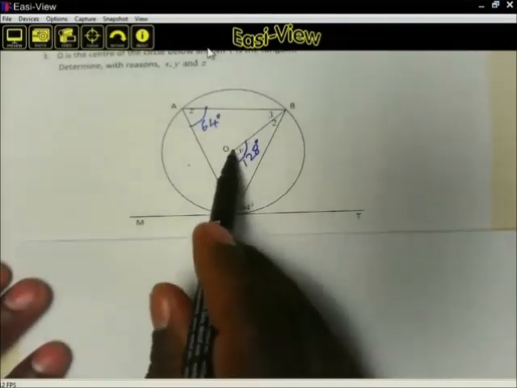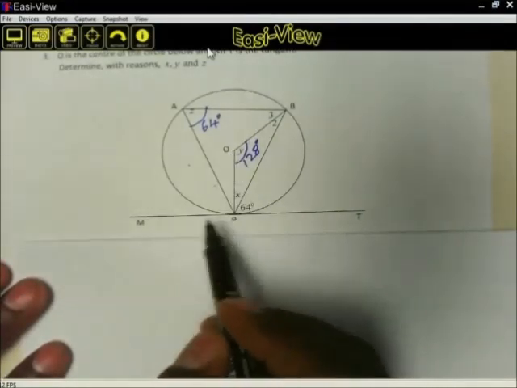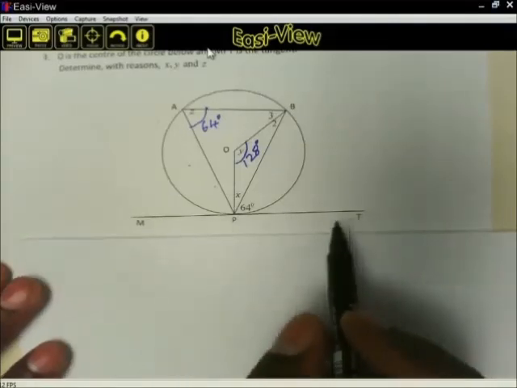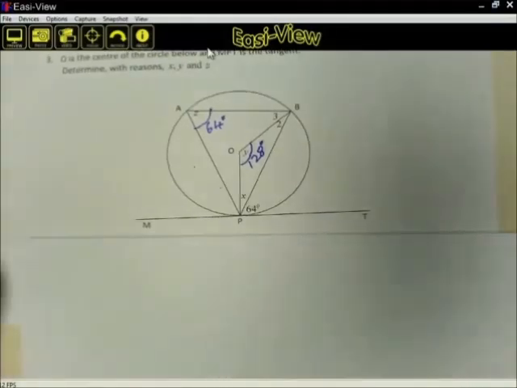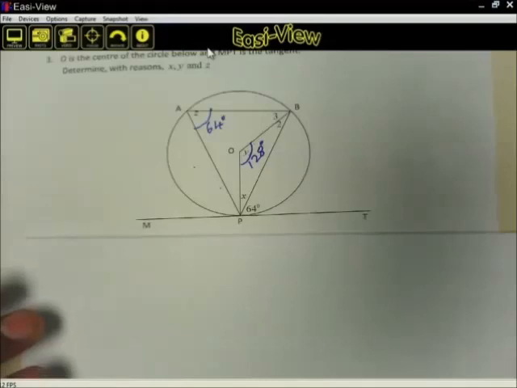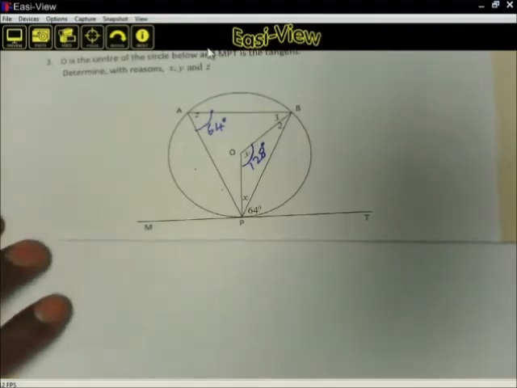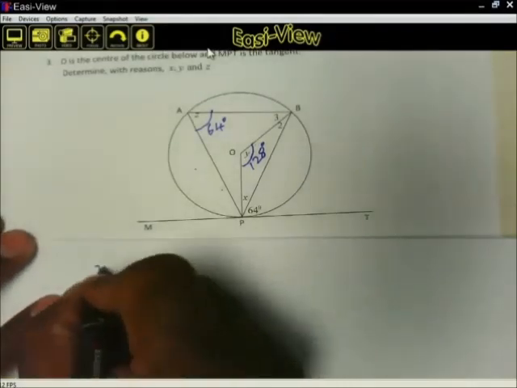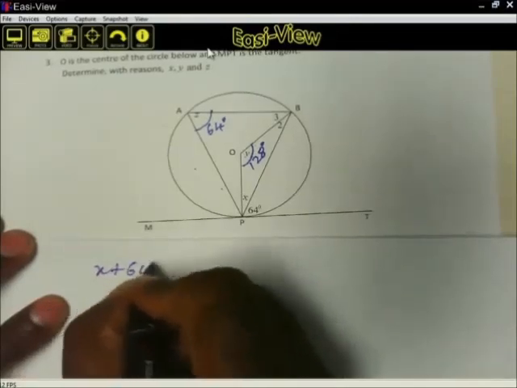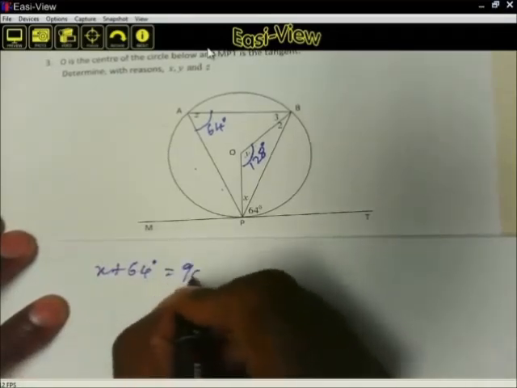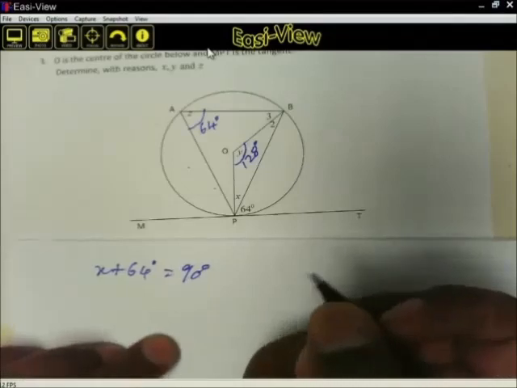Remember, O is the center. OP is therefore the radius. MPT is the tangent. So we know the theorem that states a tangent to the circle is perpendicular to the radius at the point of contact. What does that mean? It means X plus 64 degrees must give you 90.